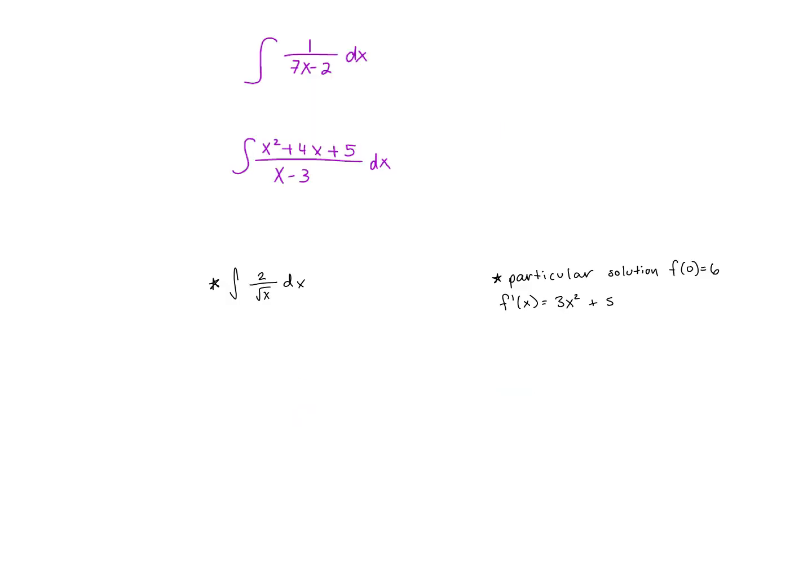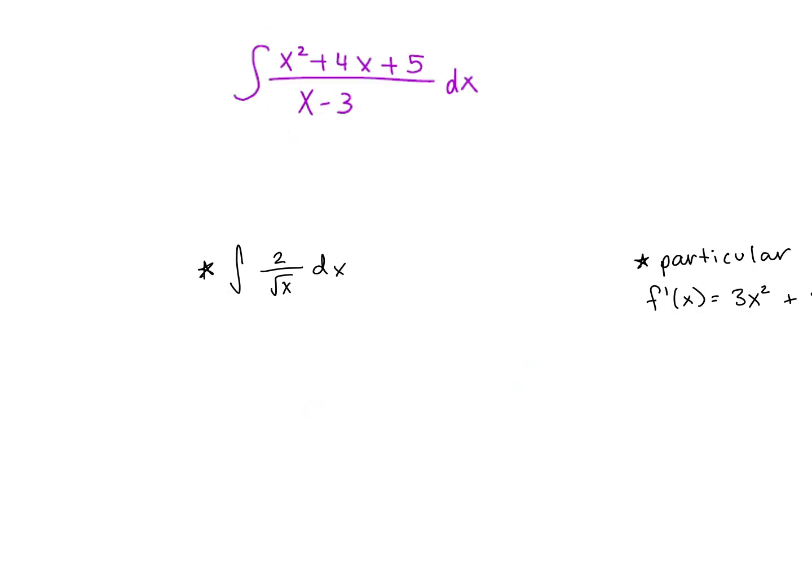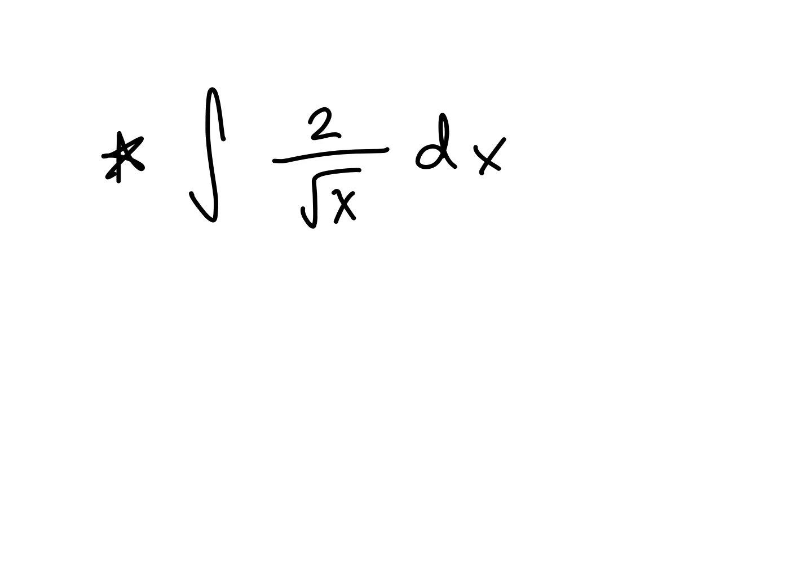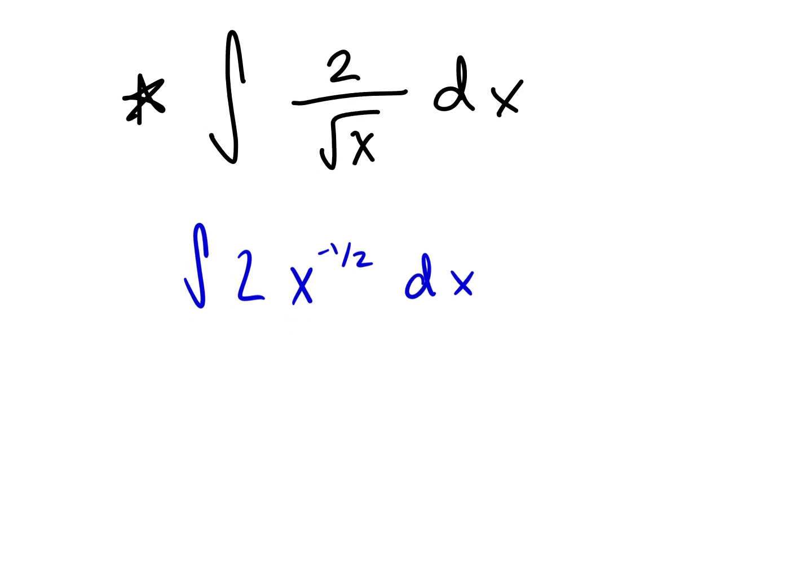All right, I added 2 more on the bottom here. So another integral question. We want to change this to be an exponent, and I'm going to move it to the top. So I have 2 times x to what power? Negative 1/2, perfect, dx.